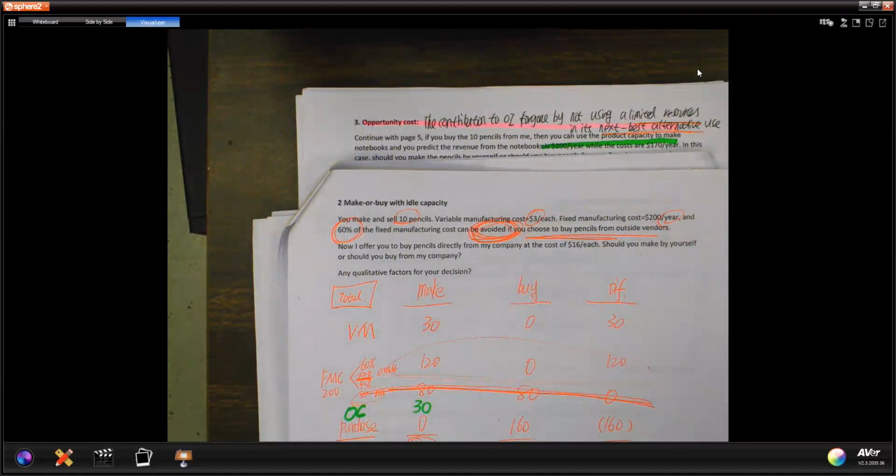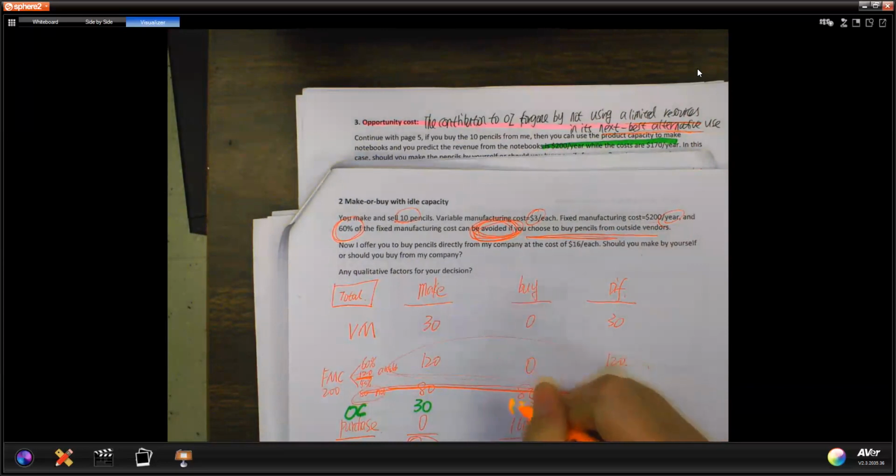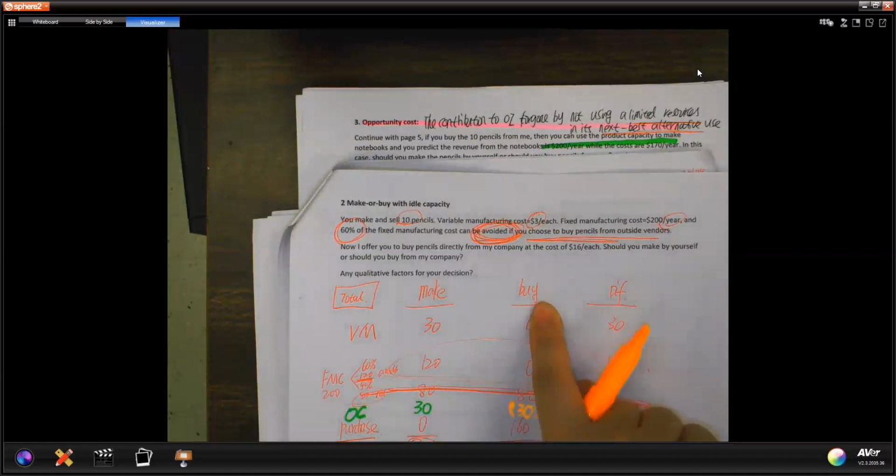Or someone said, how about putting 30 under buy, but as a negative? You can think about it this way, and some students prefer this way. They think the $30 is extra income to offset the cost of buy. Without opportunity cost, your buy is 160.